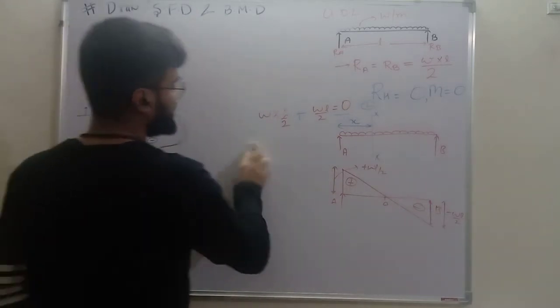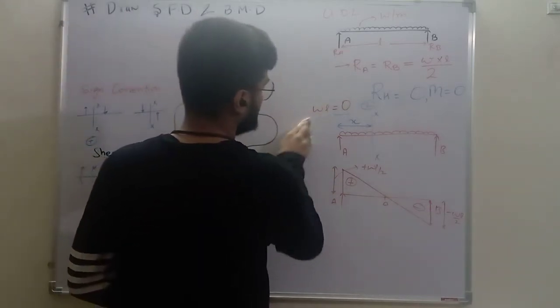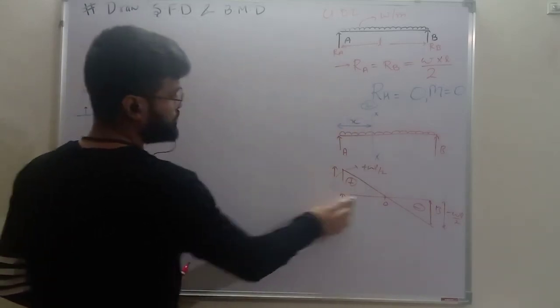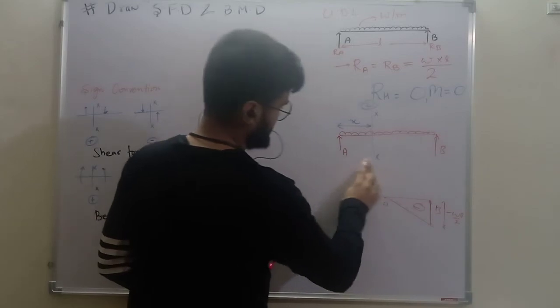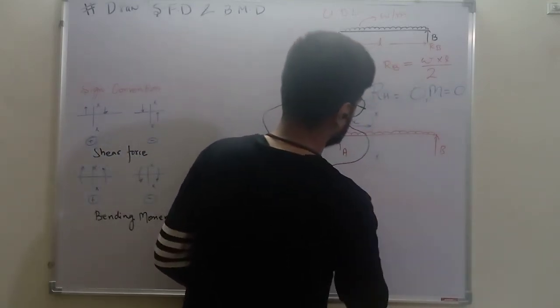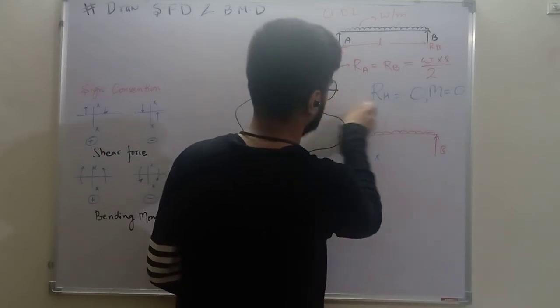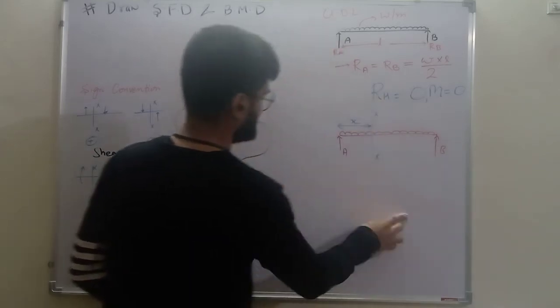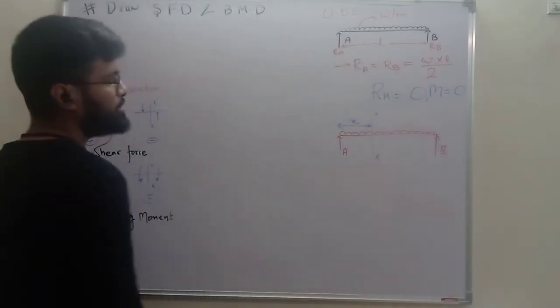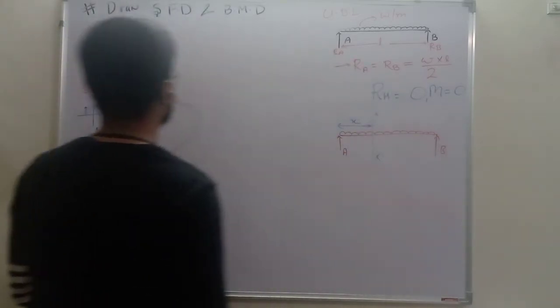After writing it, at different positions we will find the values of the bending moment, and then we will draw the bending moment diagram. So now we will write the bending moment equation for this case.